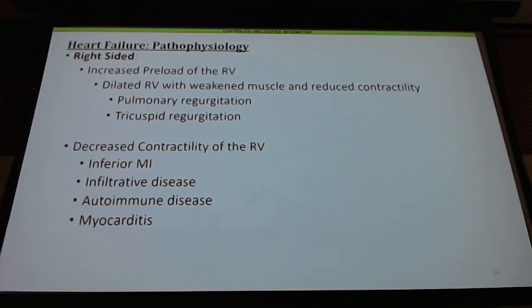If I decrease my contractility, so think of things like a right-sided myocardial infarction that took out a lot of the myocytes of the right ventricle, now I can't generate an adequate squeeze of the right ventricle to get that blood flowing out of the right side of the heart.